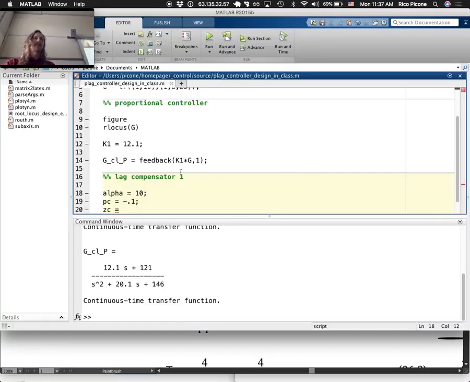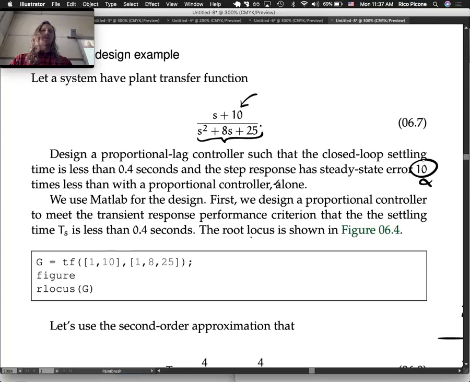We didn't look at the steady state error for this proportional controller, but we know that it's some finite value, right? How do we know that's a finite value? How do I know that for a step input, the steady state error is finite for this plant? 6.7.